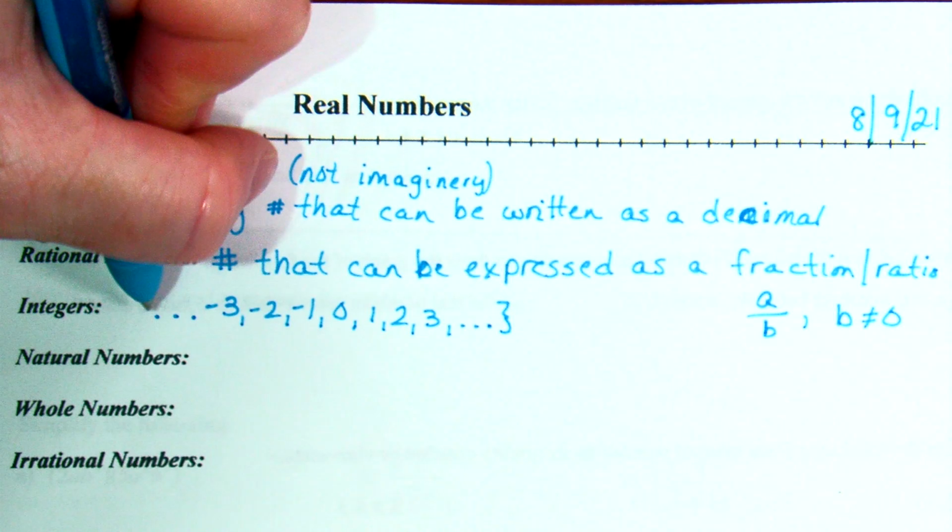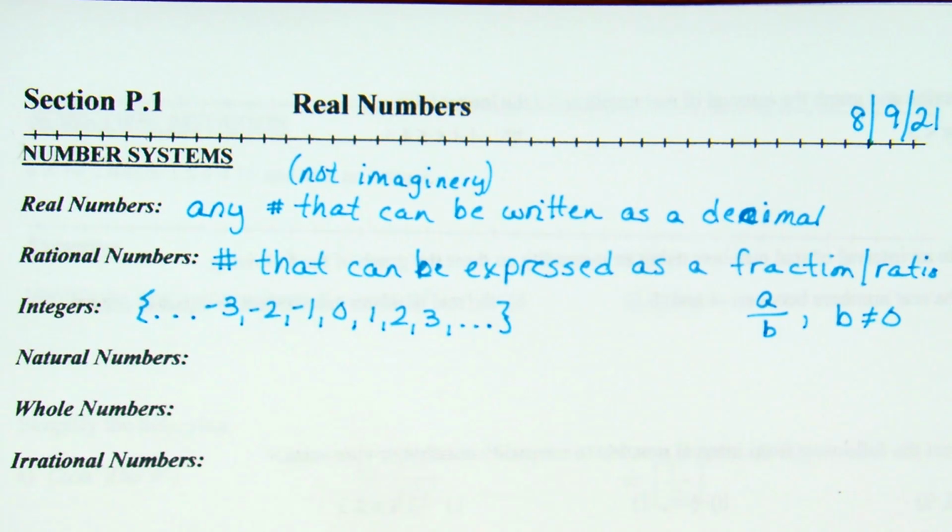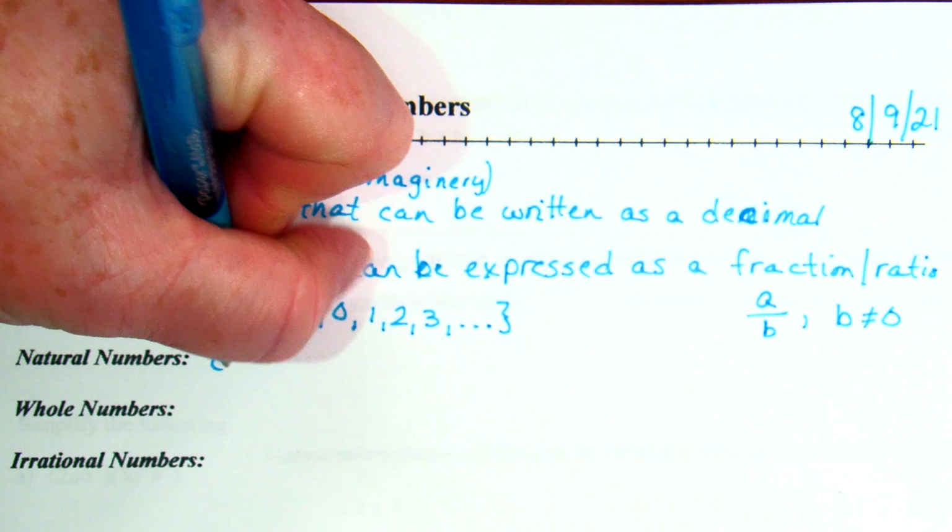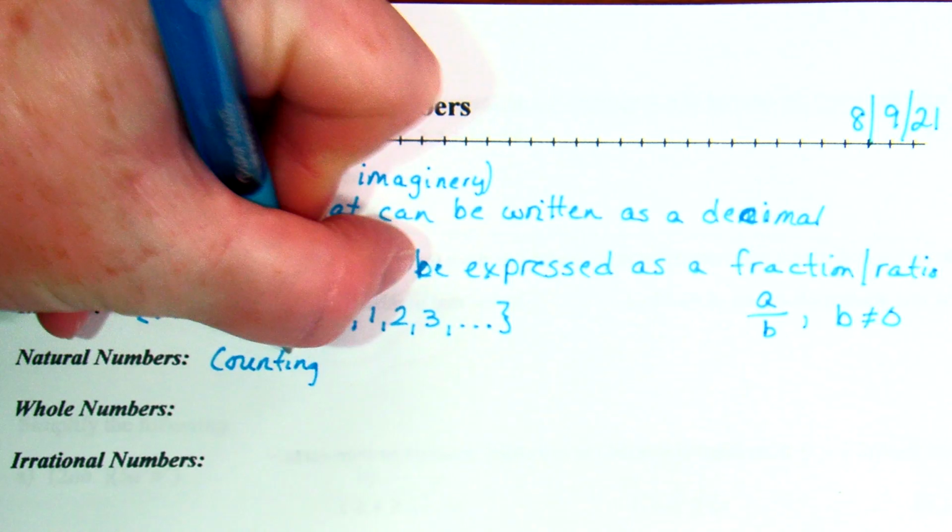Even though we shouldn't officially use the word whole numbers, I agree. It's the negative and positive whole numbers and 0. No fraction pieces, no decimal pieces. Has to be equivalent to a negative or positive whole number. Okay? What are our natural numbers? There's another word that I use sometimes for them. Sometimes you hear them called the counting numbers.